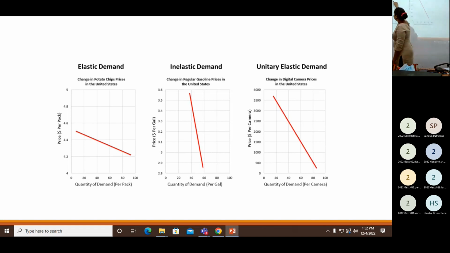You can see the price increase from 3.2 to 3.3, but if you look at this, the change in quantity demanded is very small. So that is a very inelastic demand curve. So for what sort of products do you find inelastic demand?